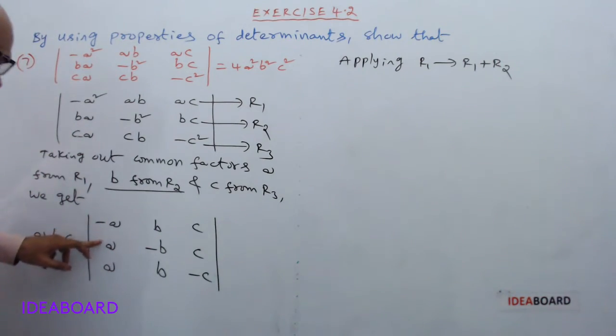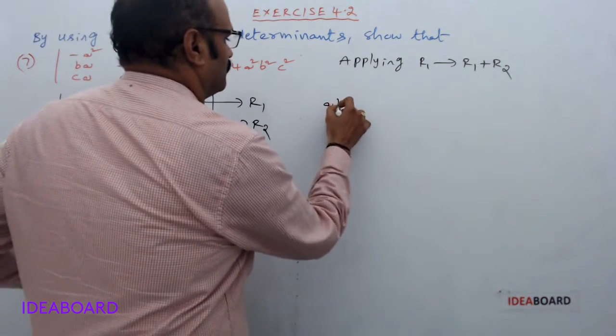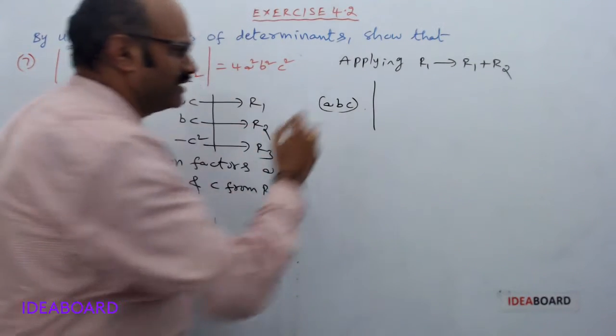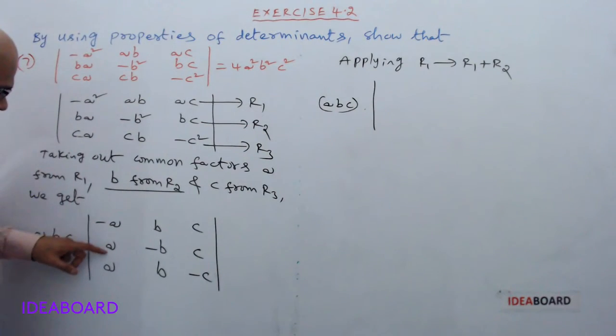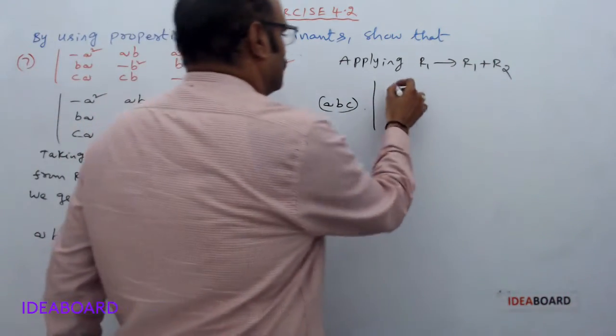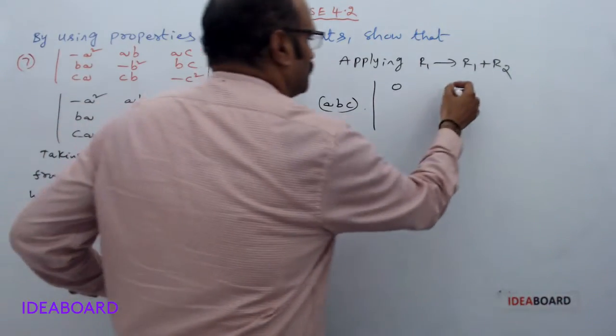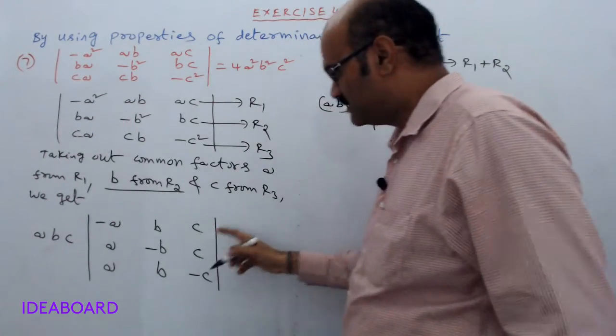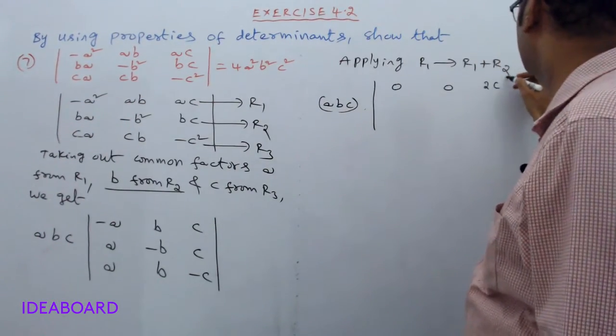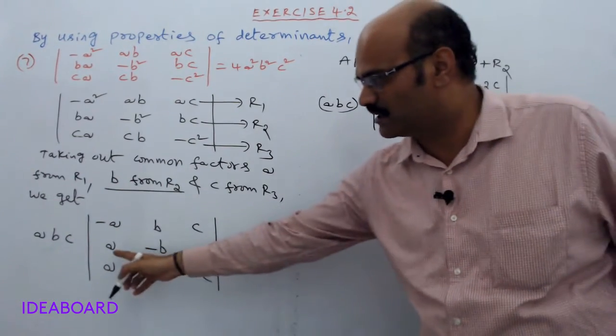So abc into determinant of R1 plus R2: minus a plus a becomes 0, b minus b becomes 0, next c plus c becomes 2c. There is no change in R2 and R3.